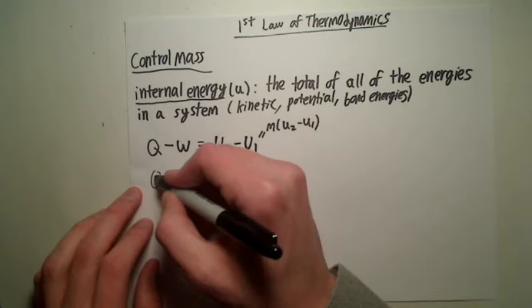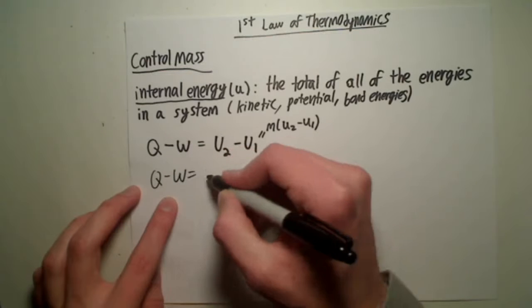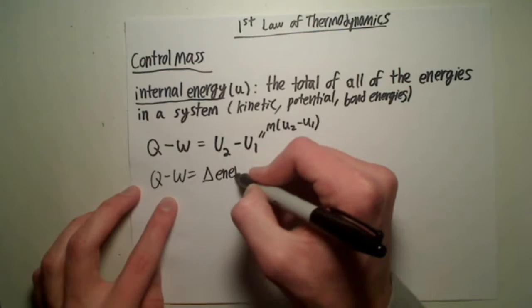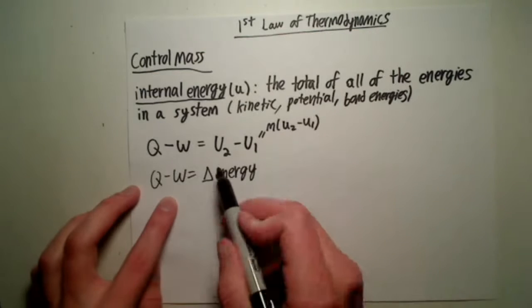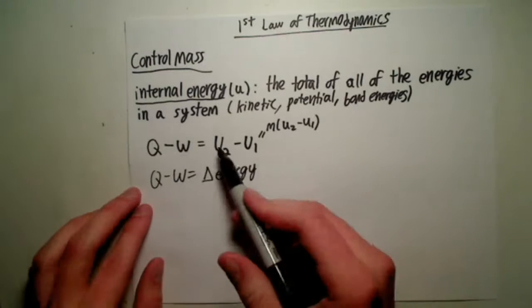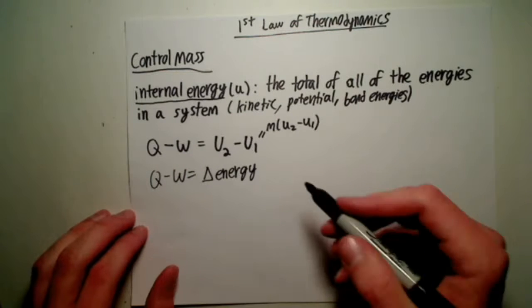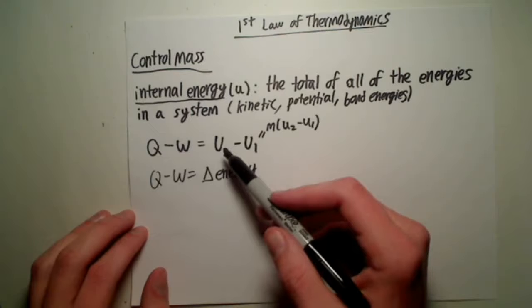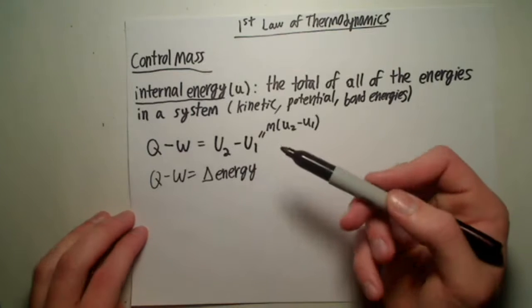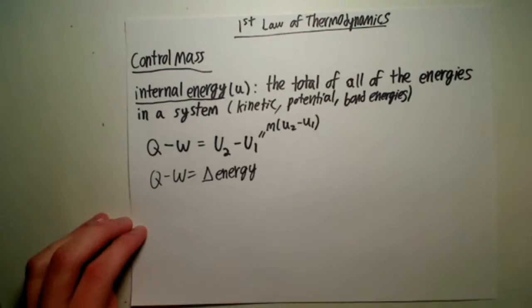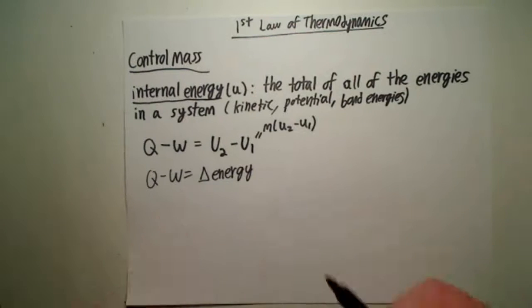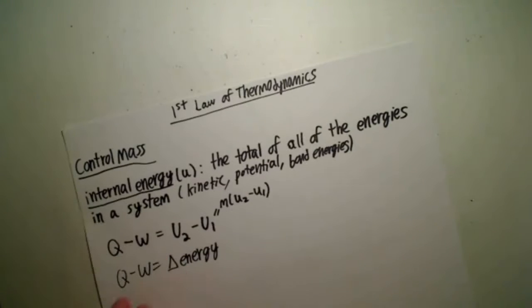You can also think of this as Q minus W equals the change in energy, because that is what U2 minus U1 is. U, internal energy, is all of the energy, so the energy in state 2 minus energy in state 1 has to be the change in energy. If it goes up or down, it's going to be shown in the change in internal energy. So let's move on and do a problem.